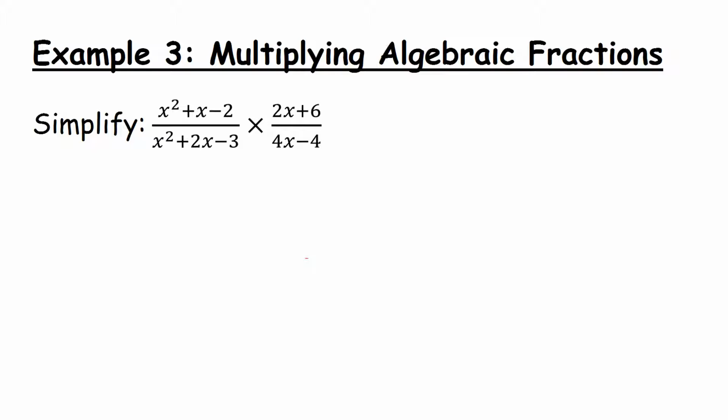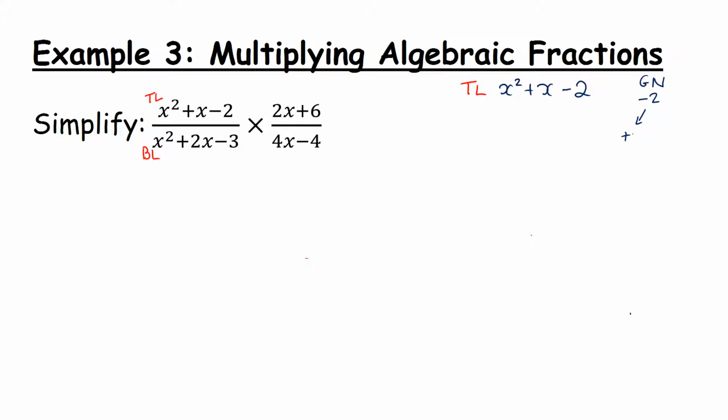So the first thing I'm going to do is label my lines. This is my top line here, and this is my bottom line. Let's deal with those slightly separately, top line first. My top line here is x squared plus x minus 2. My guide number here is minus 2.